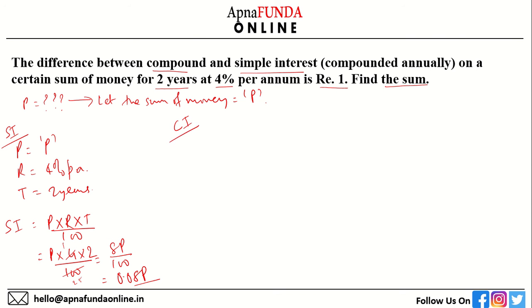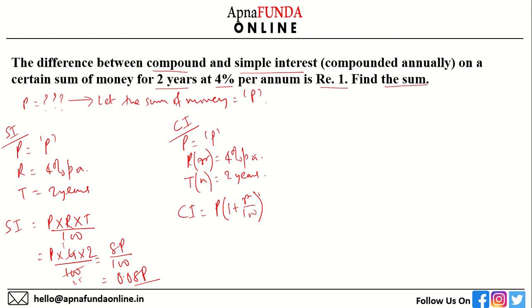Now for compound interest, the principal we know is P. We have assumed the rate of interest, R, is 4% per annum, and the time period, N, is 2 years. Now we know that compound interest is equal to P into (1 plus R by 100) to the power N, minus P. Don't be confused.